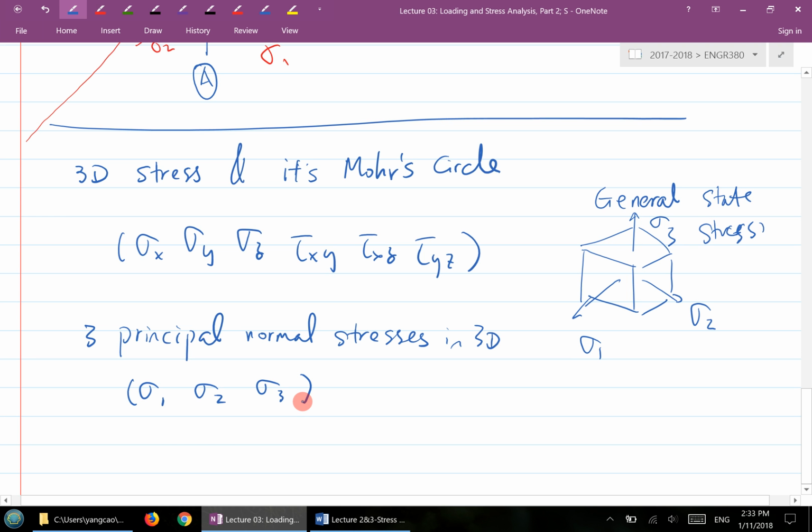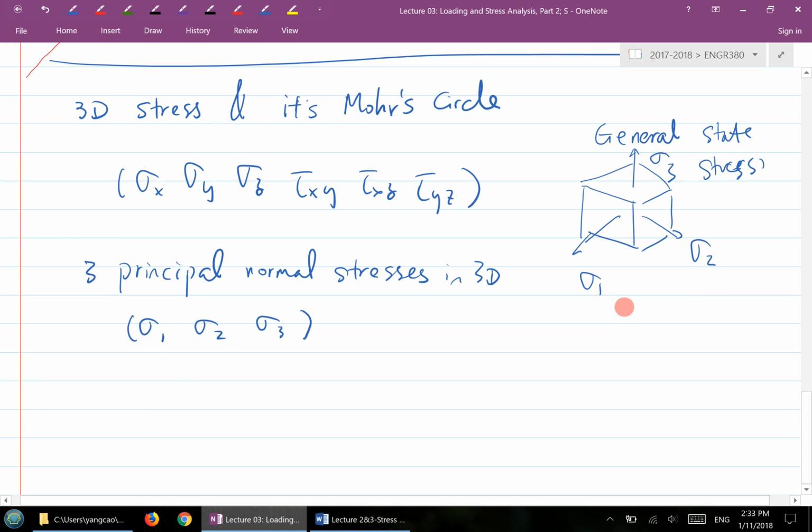The convention for a 3D state of stress is that you always order these 3 principal stresses this way. Sorry, this is 2. So sigma 1 is the greatest, then sigma 2, and then the minimum, sigma 3.